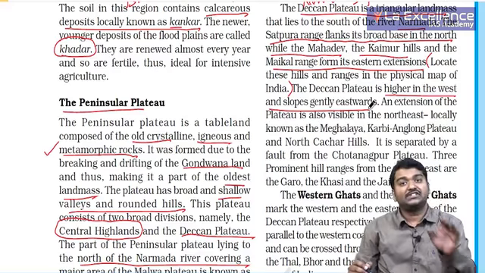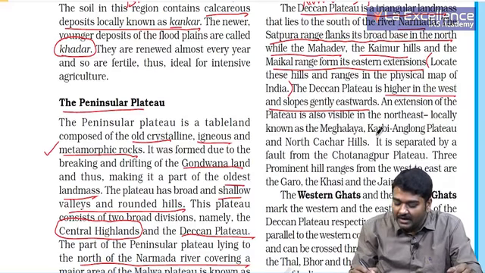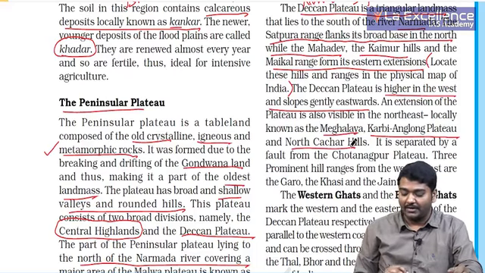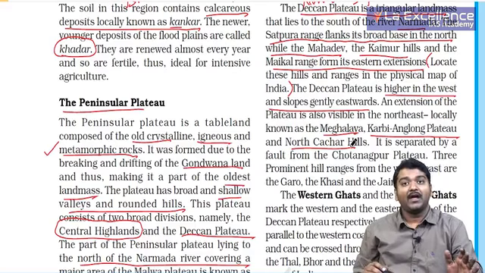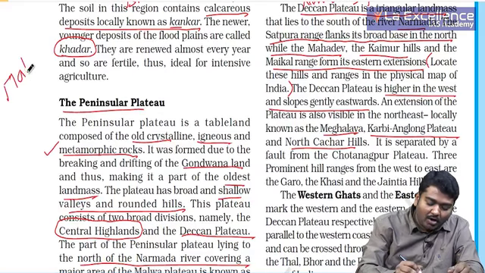Now this is not only present till Jharkhand, but it is extended till the Karbi Anglong Plateau, Meghalaya Plateau and North Cachar Plateau, but this is separated from the Chotanagpur Plateau by a gap called as Malda Gap.